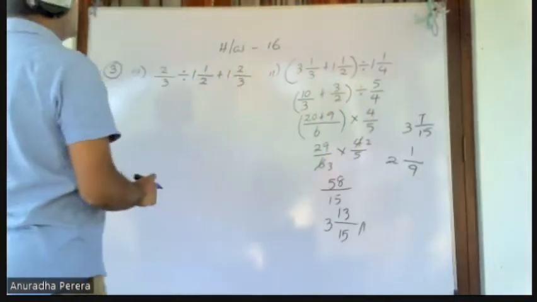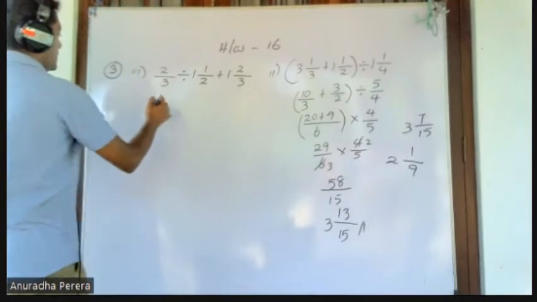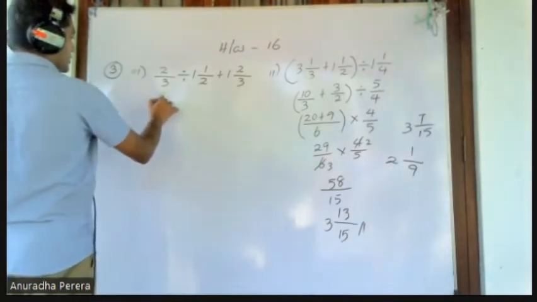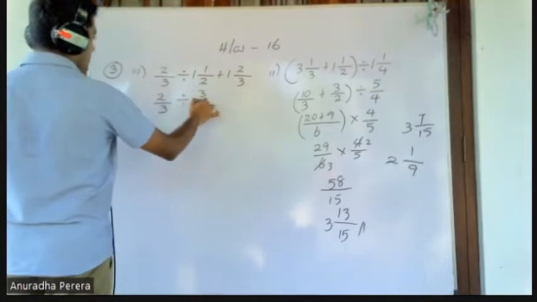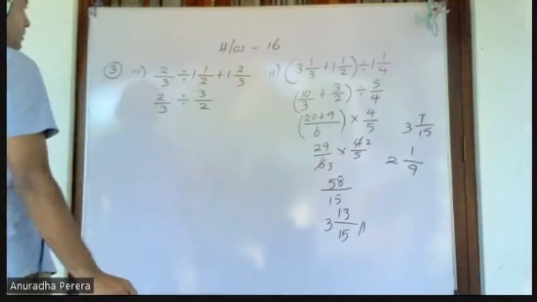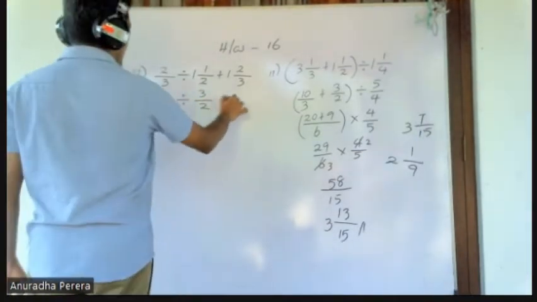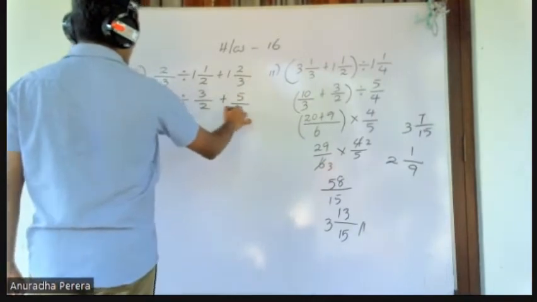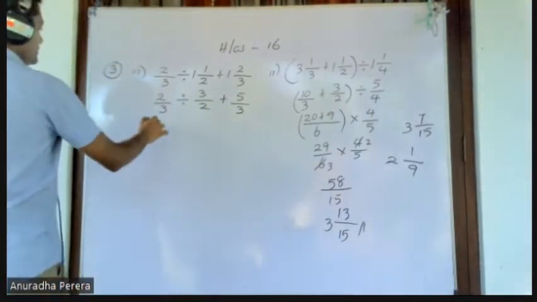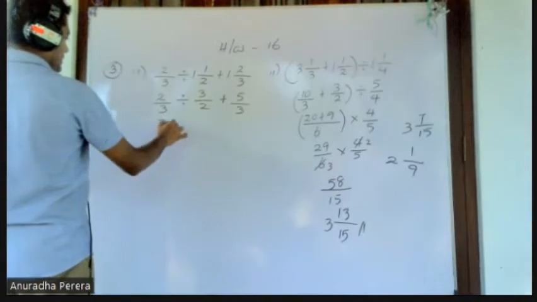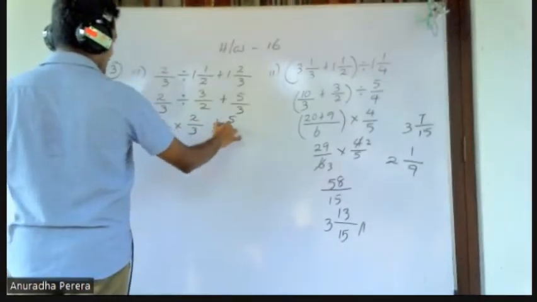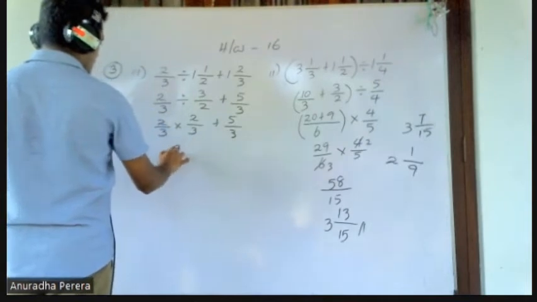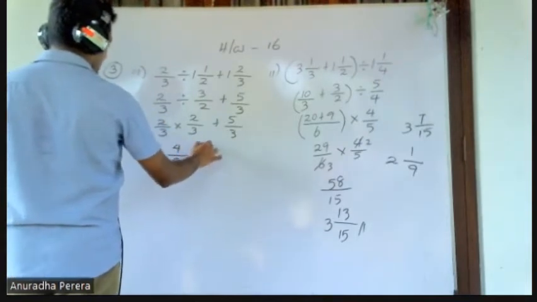Right. According to this, first do this division. 2 over 3, 3 over 2, 5 over 3. 2 over 3 multiplied by the reciprocal. 4 over 9 plus 5 over 3.